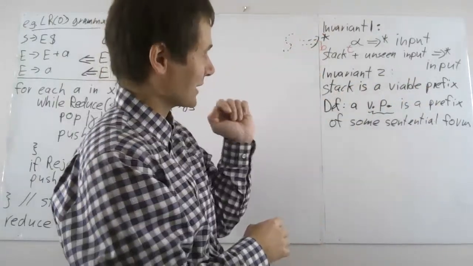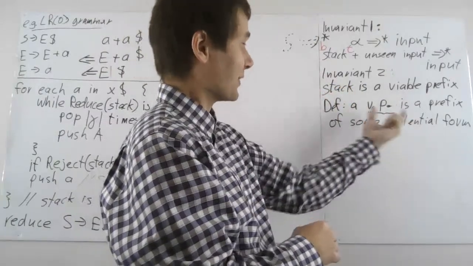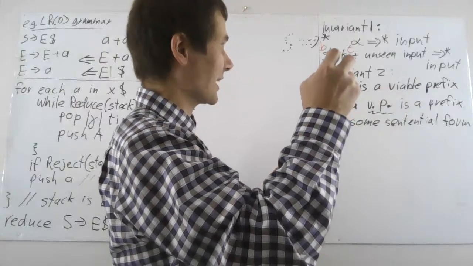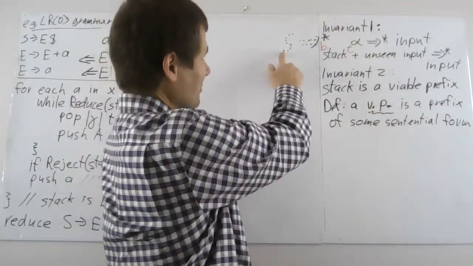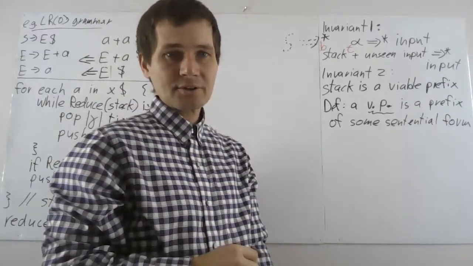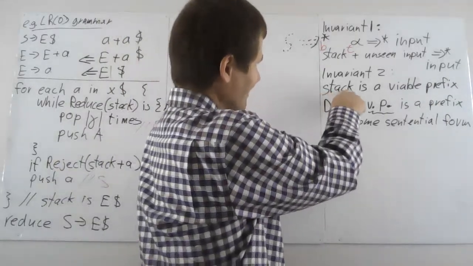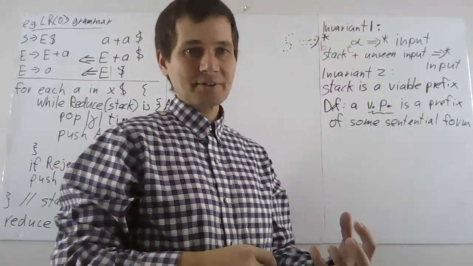So I guess I could have said my invariant as the stack is a prefix of some sentential form. And remember back to, I guess it was last week, so what's a sentential form? A sentential form is something that is derived from the start symbol. Okay, so the invariant is that the stack is a prefix of something that is derived from the start symbol.